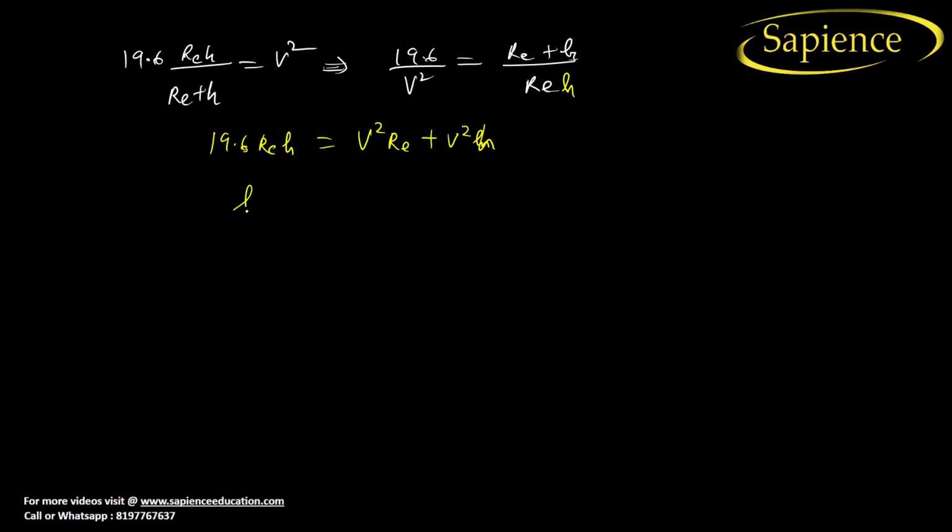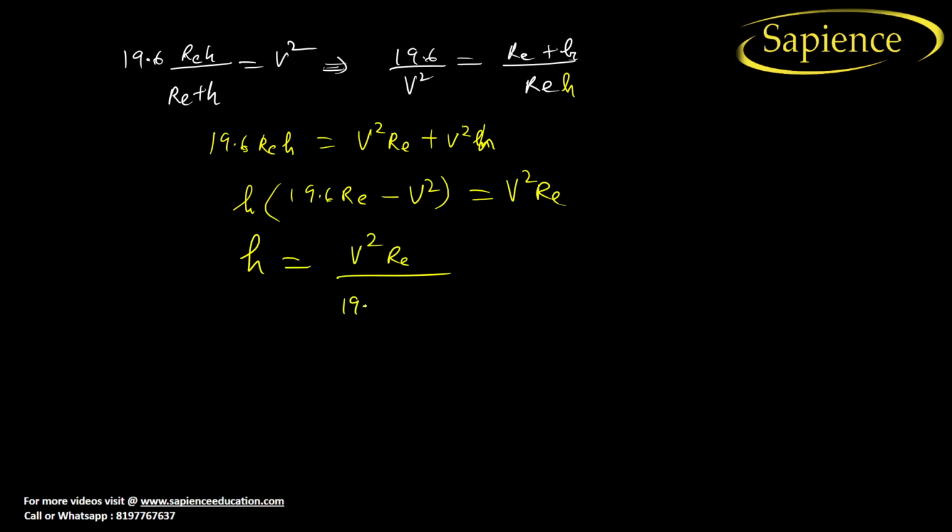Now we need to find h. So h is equal to v square into R_e divided by (19.6 into R_e minus v square). Now we need to put in the values so that we get the perfect answer.